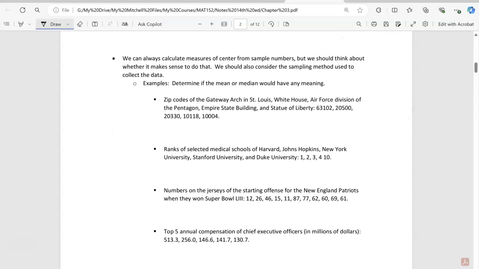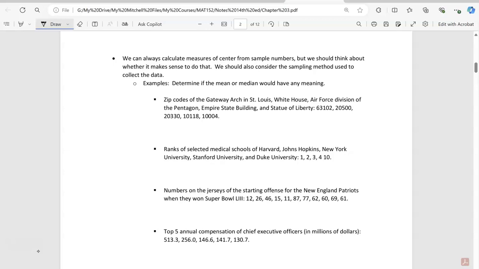Just because we calculate something doesn't mean that it's going to make any kind of sense. So we really need to look at the context of the problem. So let's look at a few examples. Suppose we have zip codes of a few different places, and it's asking us to determine if the mean or the median is going to have any kind of meaning.